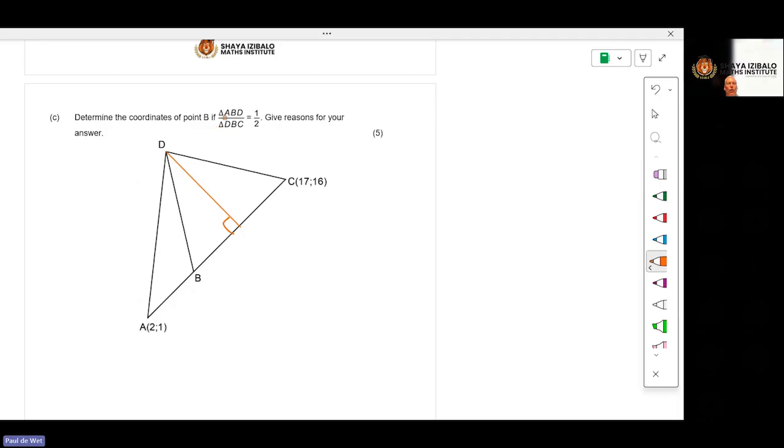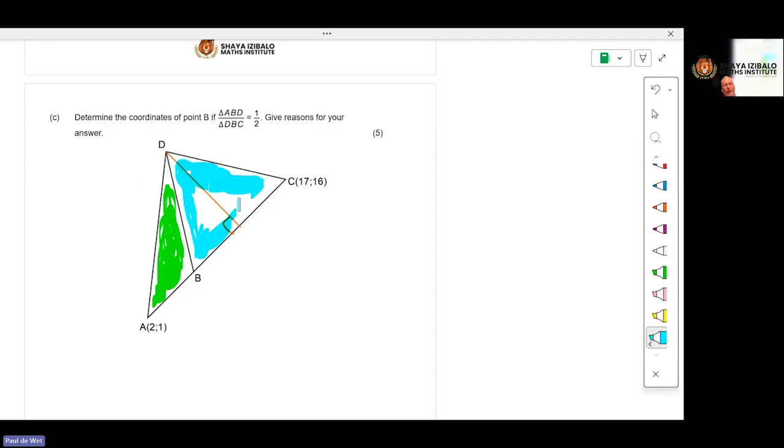Guys, I made up this question. I am an examiner, not for this subject and not for the department, but I love making up exam questions. The question is a mix of Euclidean geometry and analytical geometry.